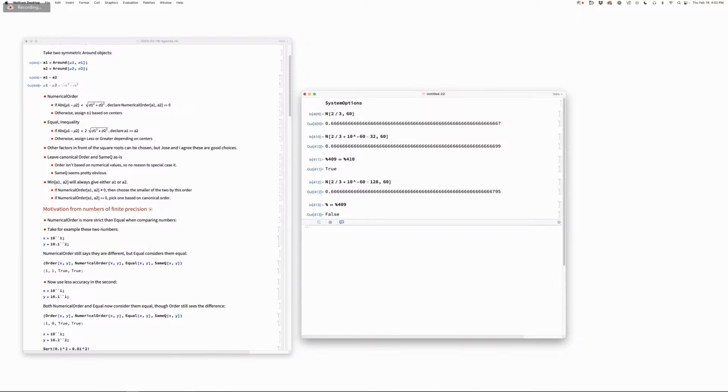But explain why you want numerical order to be fuzzy for these versus the way it is for numbers. Well, I guess because for numbers, it's a zero tolerance. True. Look at the example on the left where it says 10.1 and 10.11, and those are still considered equal in numerical order.